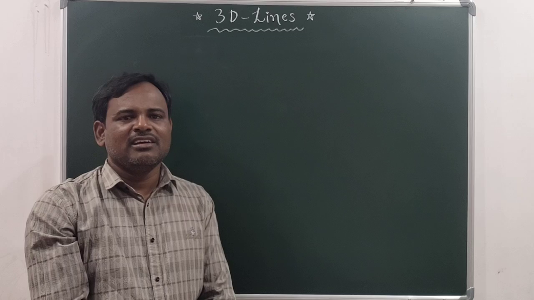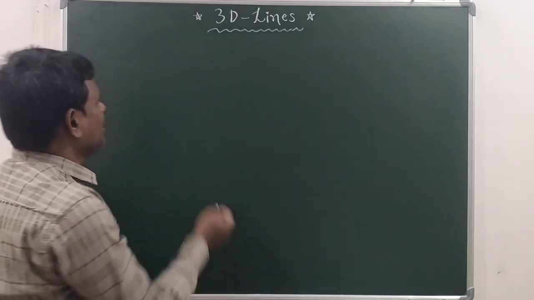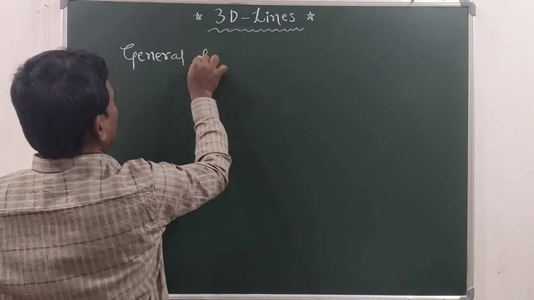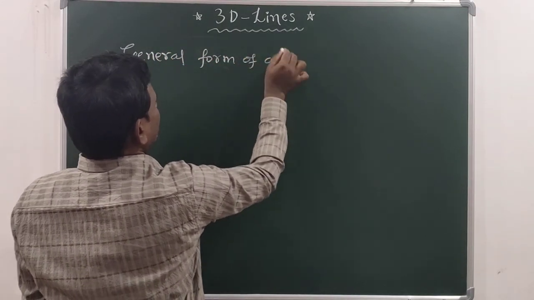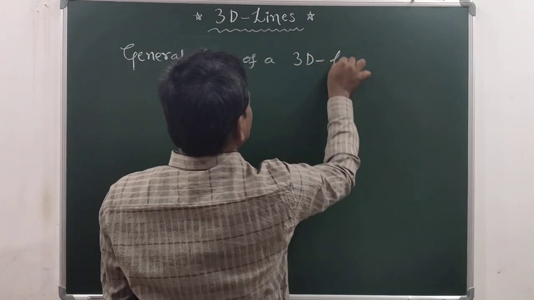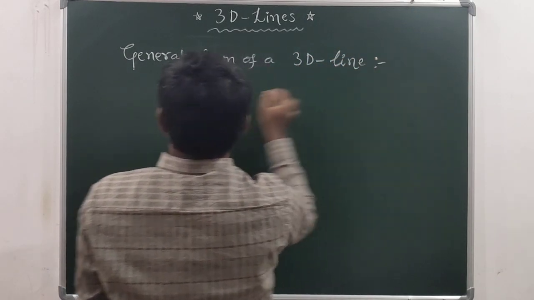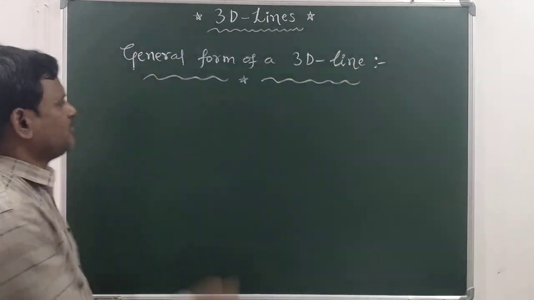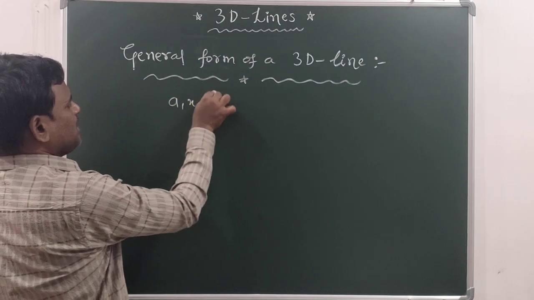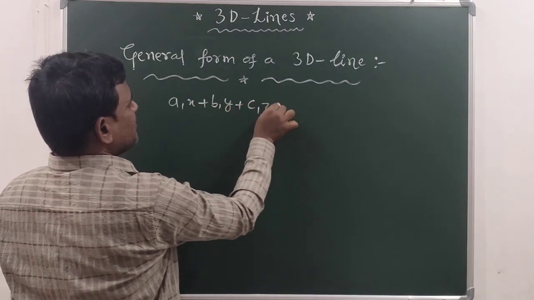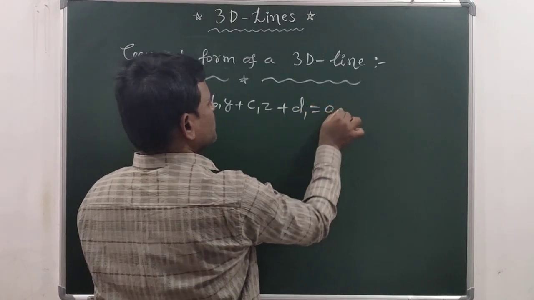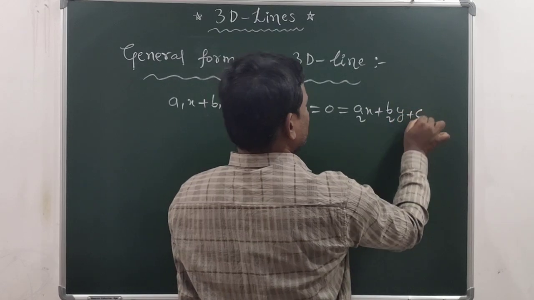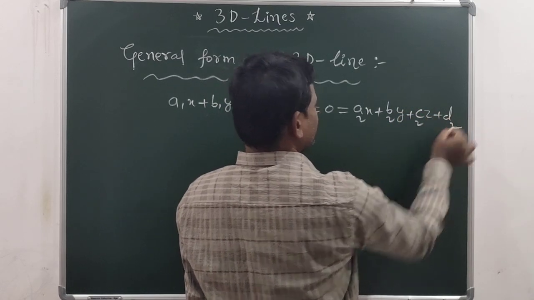So we write the general form of a 3D line like this. General form of a 3D line: a1x plus b1y plus c1z plus d1 equal to 0, a2x plus b2y plus c2z plus d2 equal to 0.